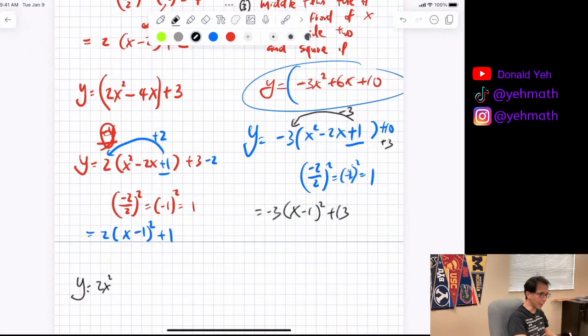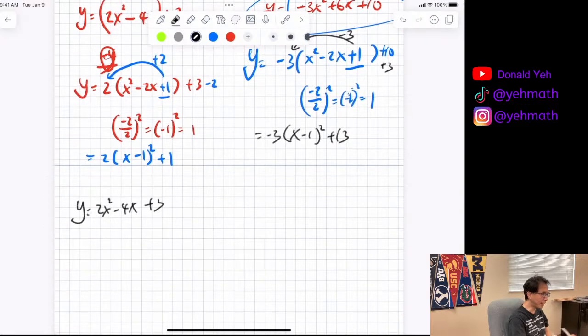I'm going to show you a different way to change it to vertex form. This different way is called -b/2a. That's going to tell you an x value. This is an x value of the vertex.